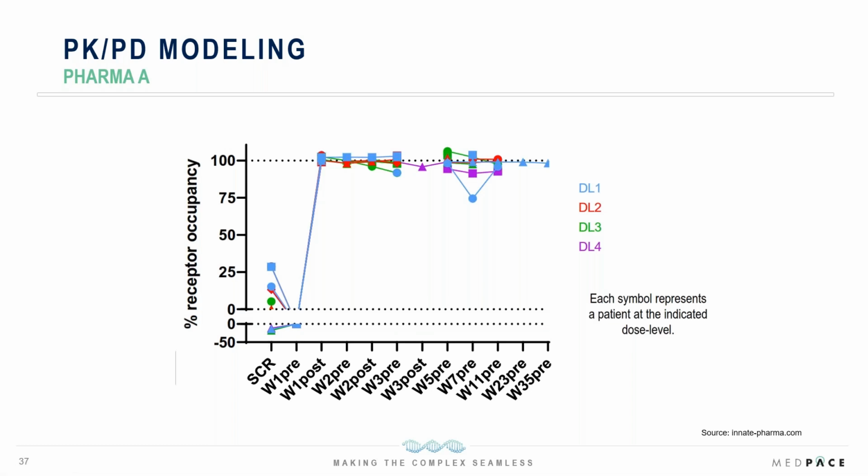The receptor occupancy ranges from 0 to about 30%. But you can then see how efficient the drug is, because right at the start of the study, you reach 100% receptor occupancy that is maintained throughout the course of the study. So just a simple plot makes you see how the receptor occupancy performs over time.